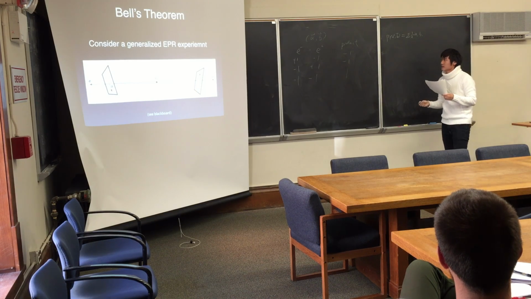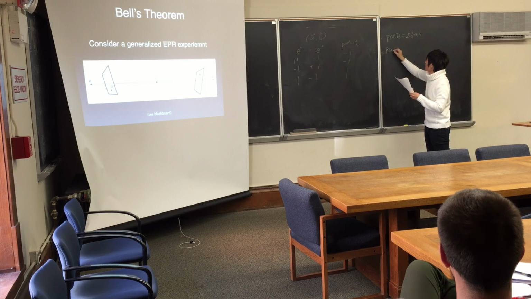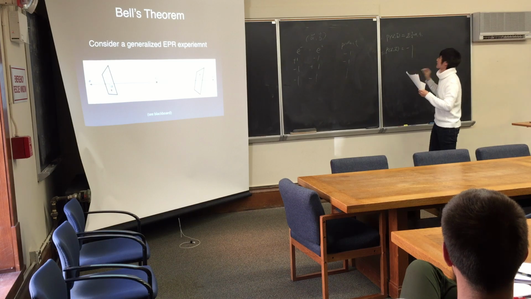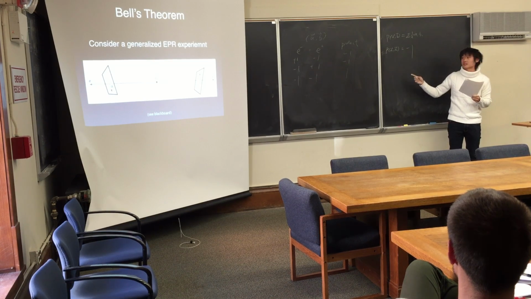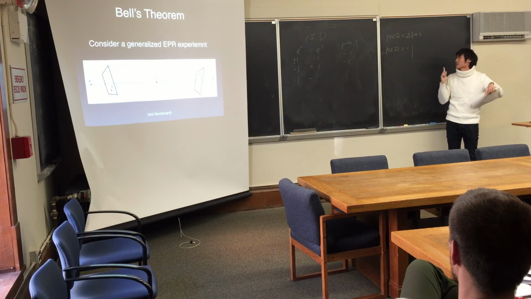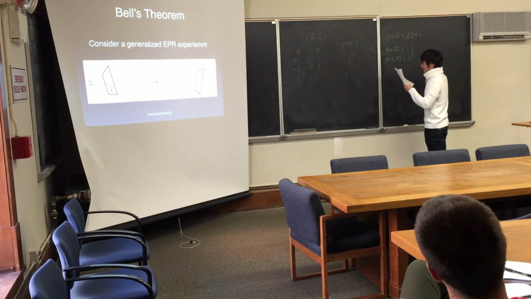What we get is, first, for the parallel one, we should always recover negative one. That just means they are in different spin. And for the anti-parallel one, it should be 1.